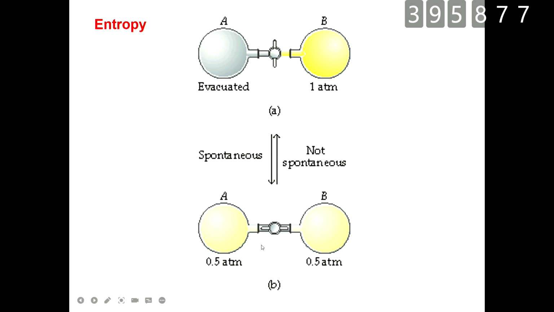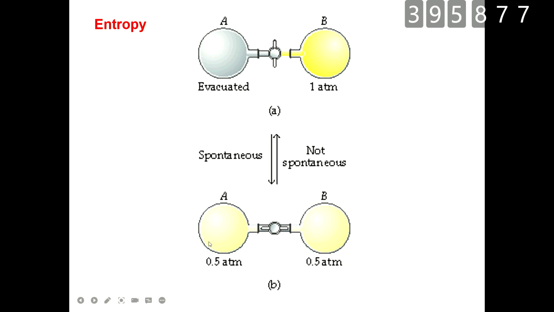But can this process go back? For example, all the gas comes back to here again. Is it possible or not? It's impossible. Because once it is spread like this, it can't go back.